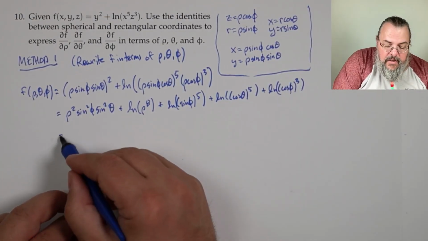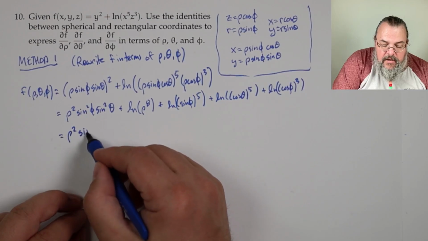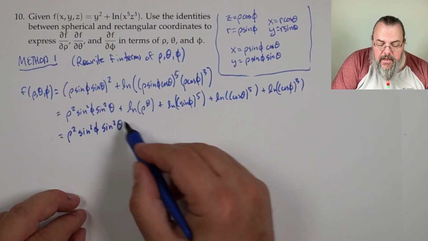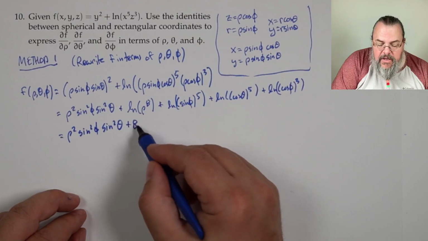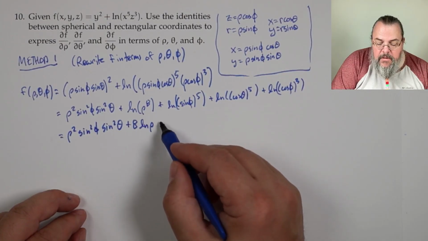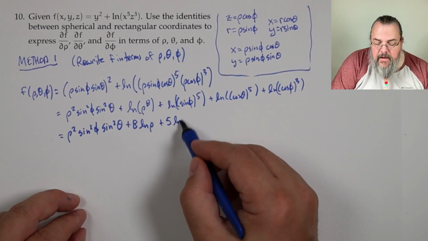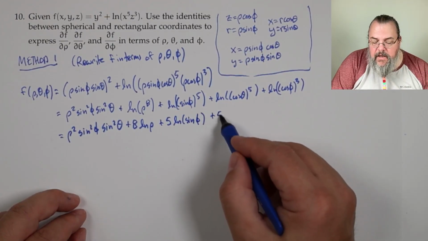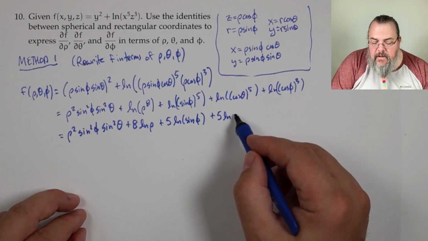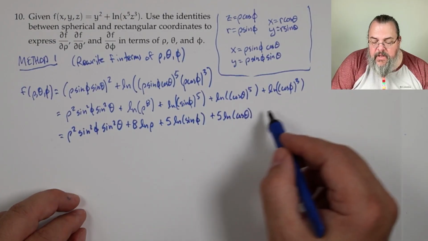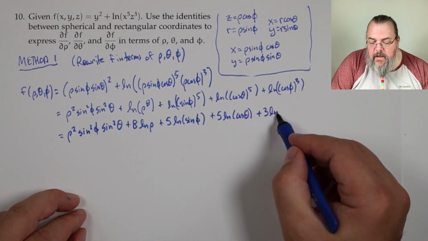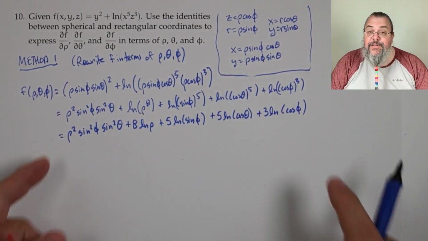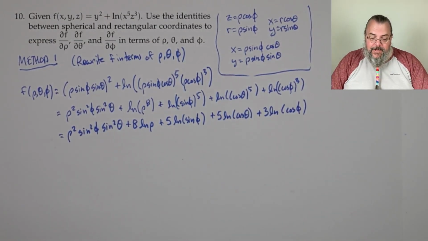But we can, again, bring the 8 down, right? Powers come down: 8 log rho plus 5 log sine phi plus 5 log cosine theta plus 3 log cosine phi.